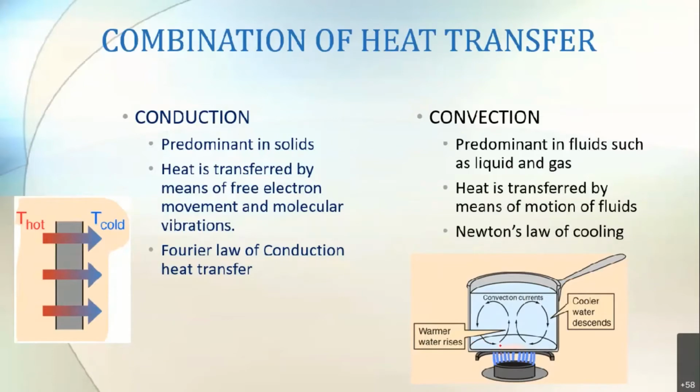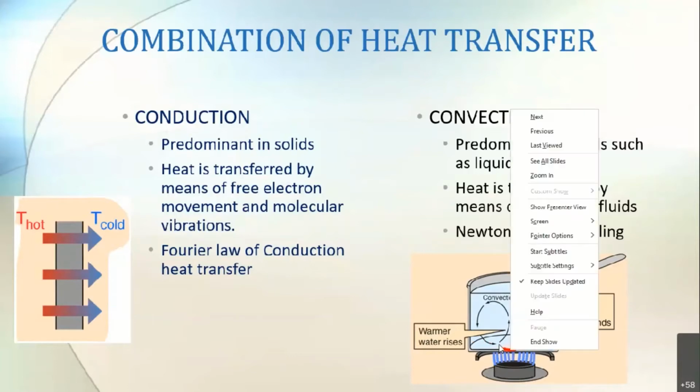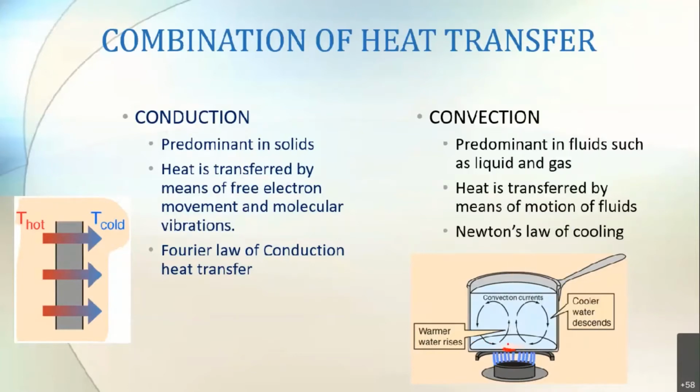Heat is transferred. So first of all you have conduction here, and then from the surface of the inside wall, you'll have convection from the surface wall to the fluid. So that is why we call it a combination of conduction and convection. So when we have a combination of conduction and convection, we will have to find a new coefficient.